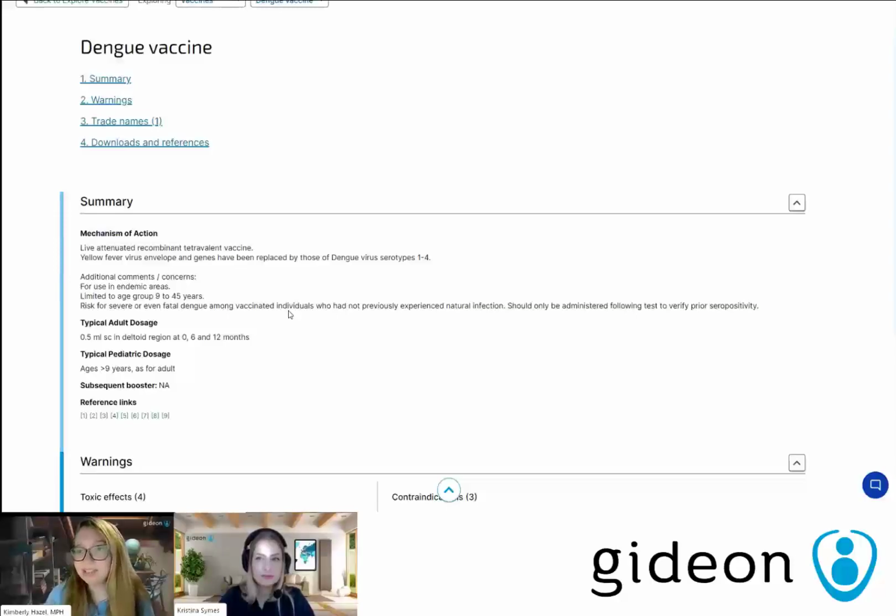And I do think that to a point, if you're a provider and you're using Gideon and researching vaccines that you might be giving a patient soon, it is worthwhile to look at the toxic effects and contraindications within Gideon to determine if that really is a vaccine that you should give to a certain patient.